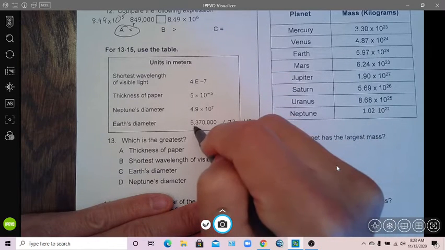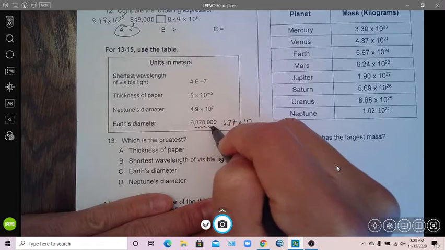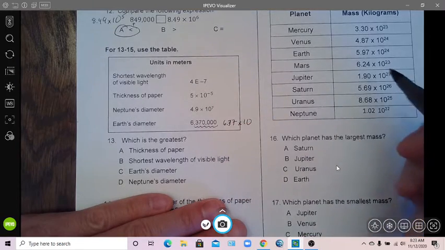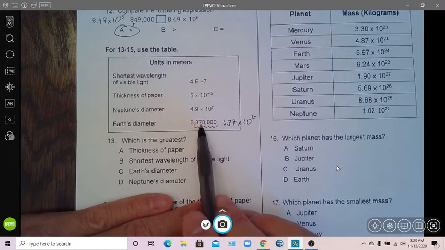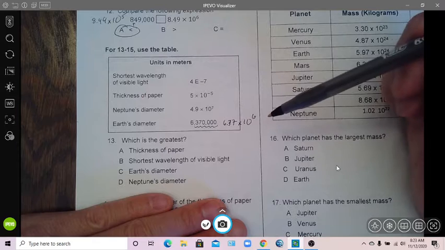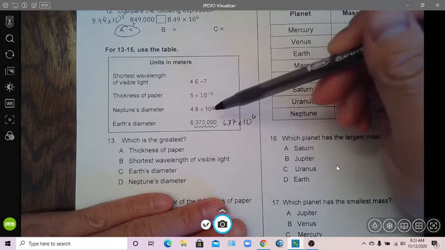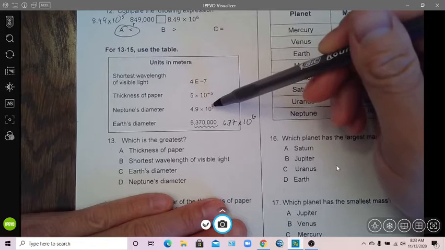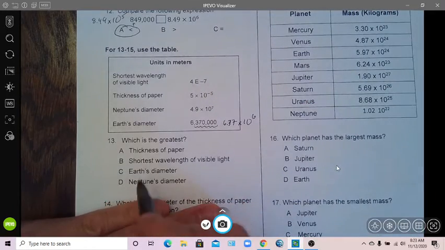And then I would have to move the decimal 1, 2, 3, 4, 5, 6 spaces times 10 to the 6, past the 3, the 7, and the 4 zeros. So which number is the greatest? It looks like Neptune is still bigger. Neptune's diameter is bigger. Its exponent is 7. The Earth's diameter is 6. So Neptune's diameter is the largest.